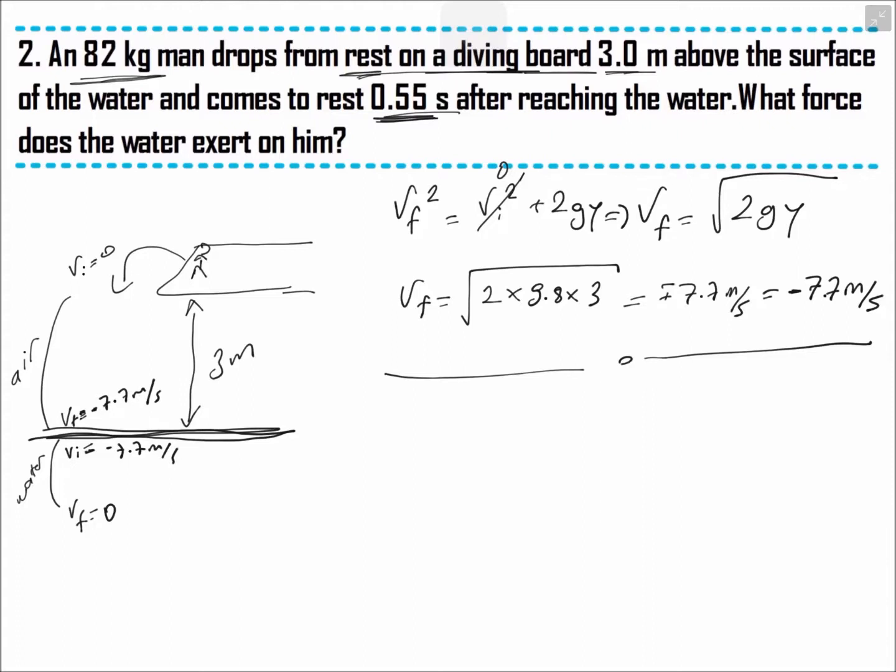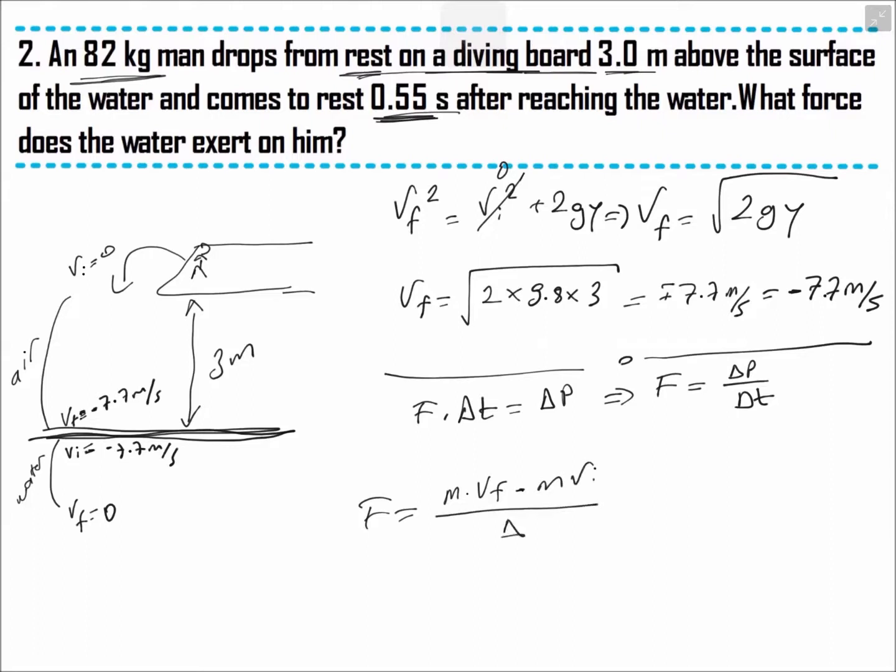So F times delta T equals delta P. It's asking for F, so F equals delta P over delta T. So F is M times V final minus M times V initial, over delta T. The final velocity inside the water is 0.